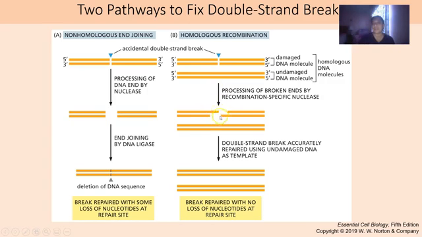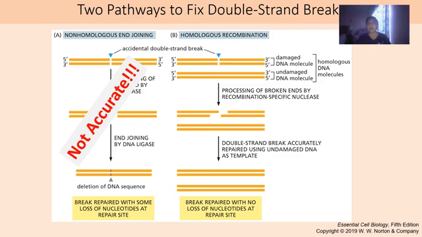So there's a single strand. It only chewed up partially one of the strands. And then it can be accurately repaired using the undamaged strand as the template. And then you get a completely filled up, appropriately made DNA molecule with no loss of nucleotides.